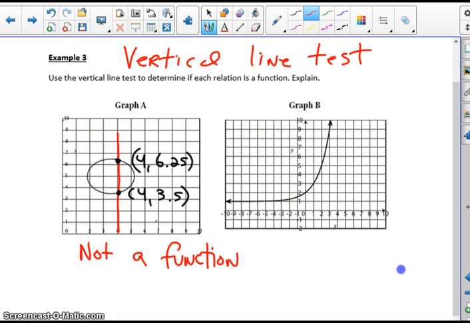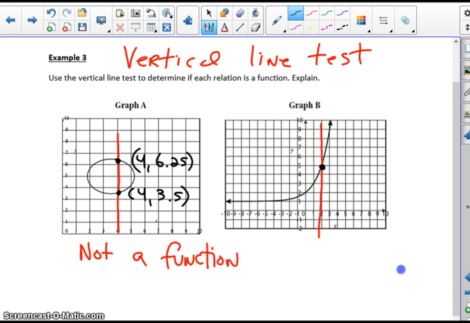The next one, graph B, if I draw a vertical line, my vertical line only hits the graph in one location, about right here.